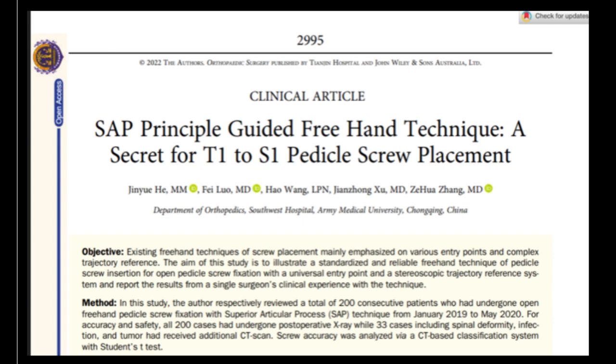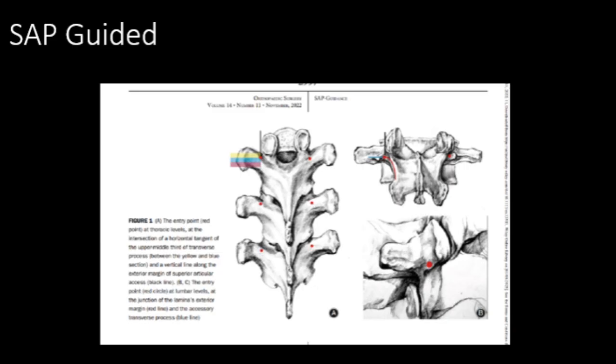So at any level from T1 to S1, you can use the superior articular facet as a guide for entry point. For all thoracic pedicle screws, they recommend the upper third of the transverse process and the lateral border of the superior articular facet. These two are the landmarks.